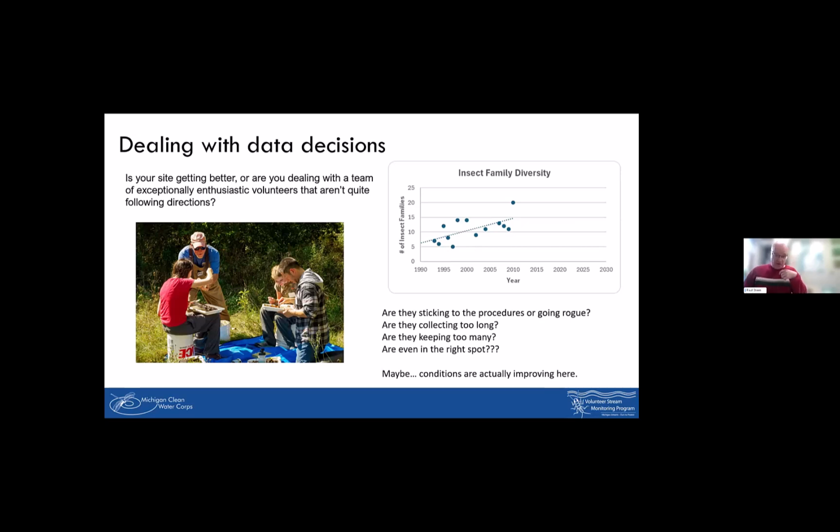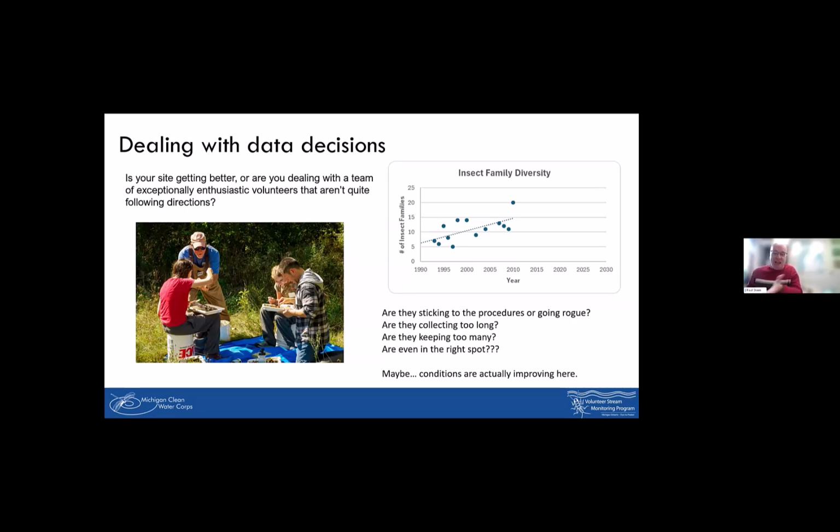And it sure looks like they're increasing here. That's what the graph would indicate. But you'll notice that 2010 data point sure is a lot higher than the others. Is that an accurate reflection of reality? Is there something else going on here? These are the kinds of things that I think about.